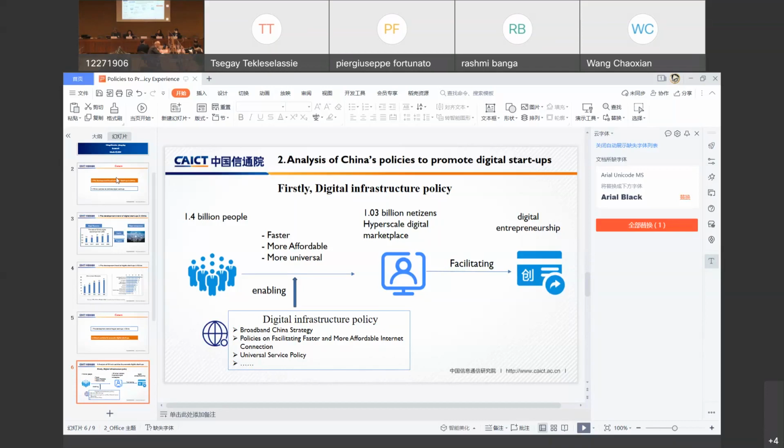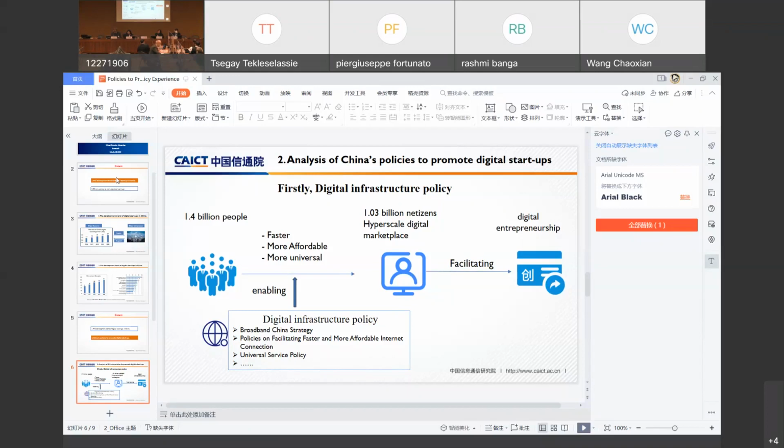All these policies have significantly improved the entrepreneurial environment in China. However, these policies can only explain the overall level of entrepreneurial activity in China and cannot explain why China's digital economy has seen the most active entrepreneurial activity in the past 10 years.